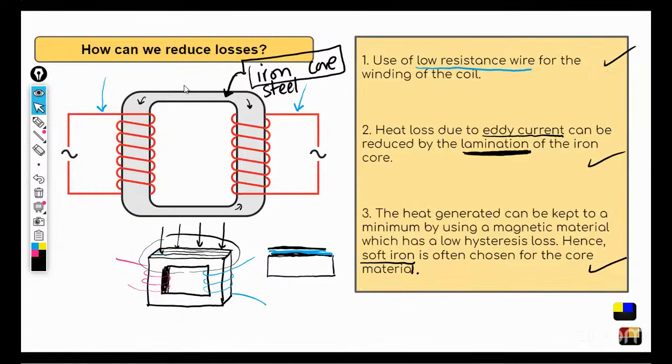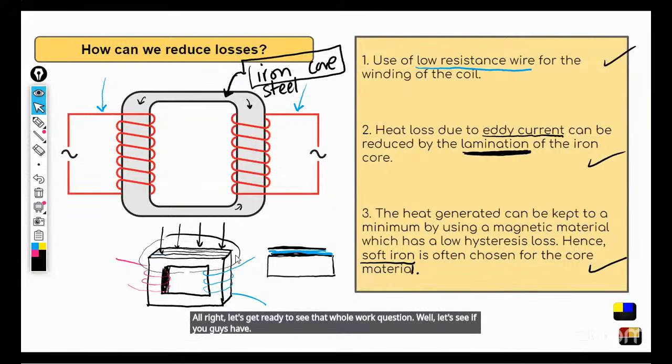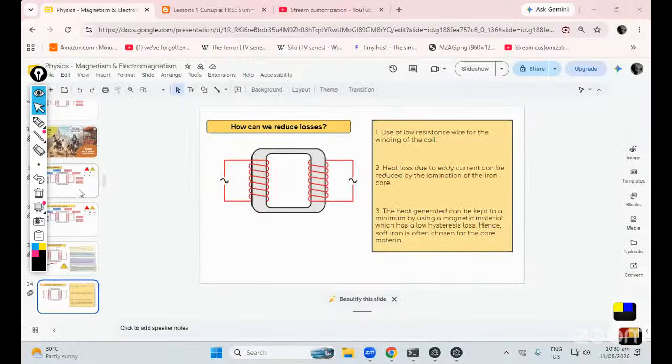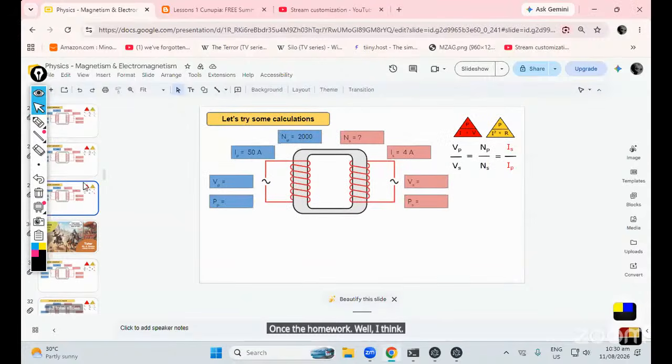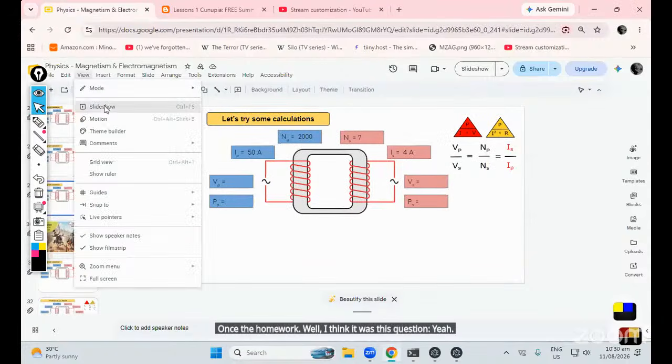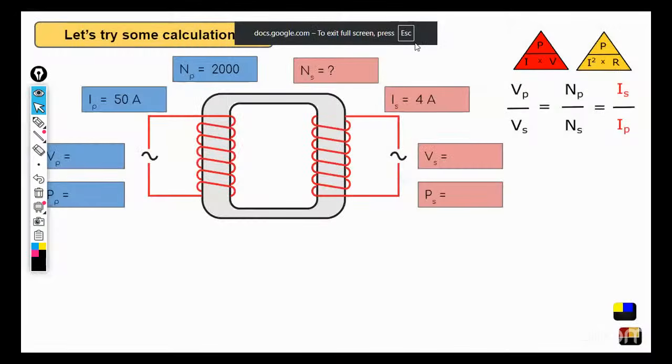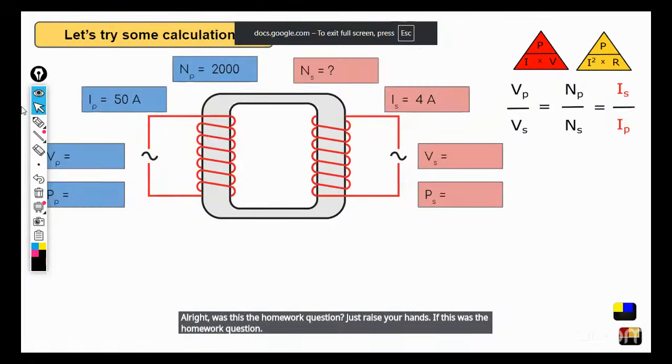All right, let's get ready to see that homework question. Well, let's see if you guys have it correct. What was the homework? I think it was this question here. Right, was this the homework question? Just raise your hands if this was the homework question.